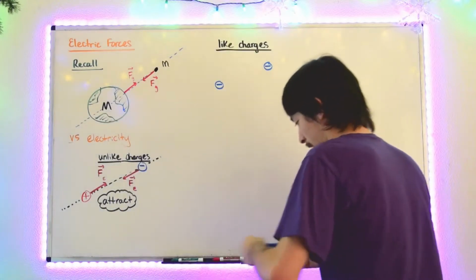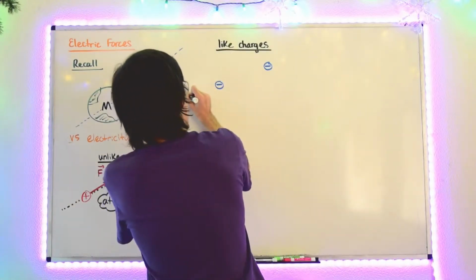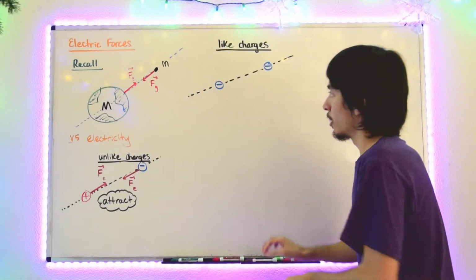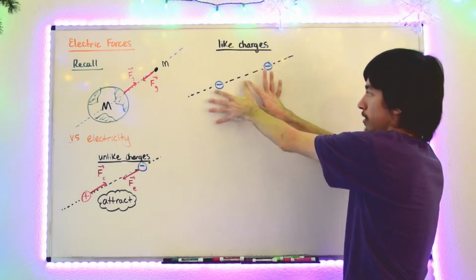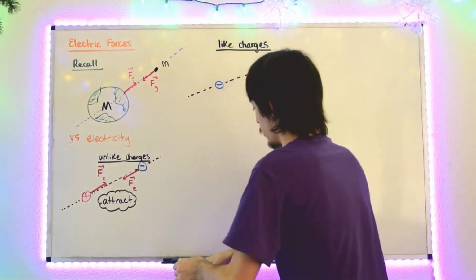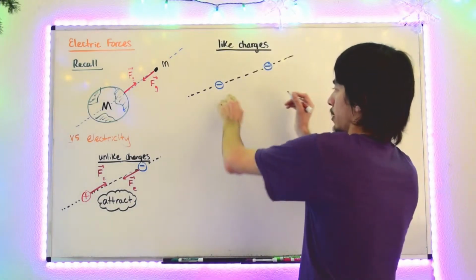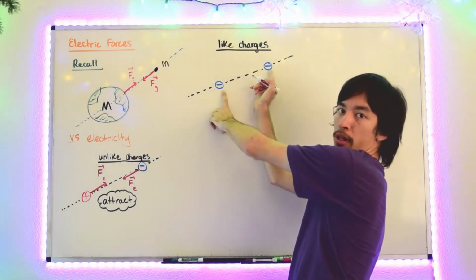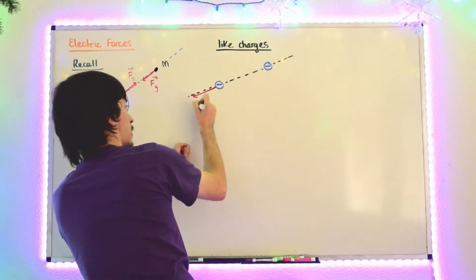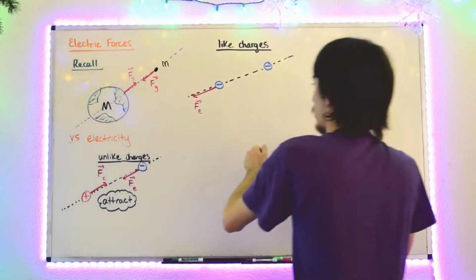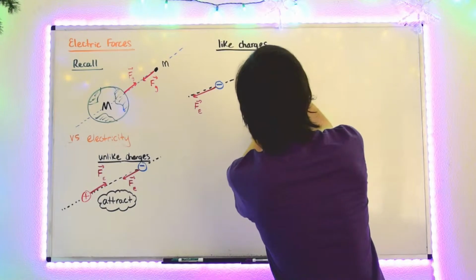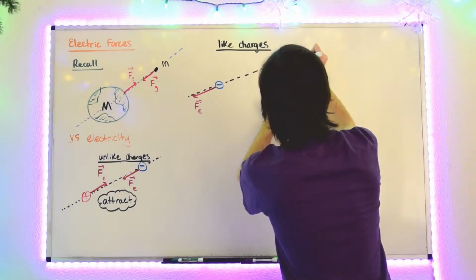We draw the line that connects the two to draw our forces along. The forces will still point along this line, but in the opposite direction of each other. The force on this one will be away from the other along this line, down to the left in this picture, there's our electric force. And this one, the same, away from the other charge. Same magnitude, opposite direction.